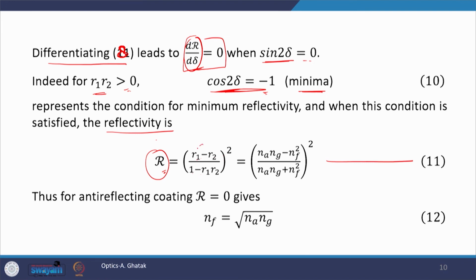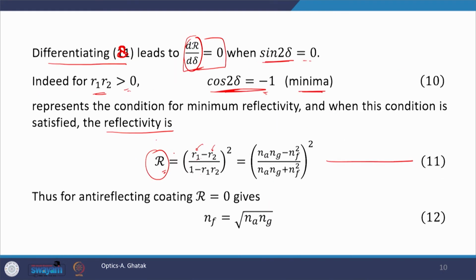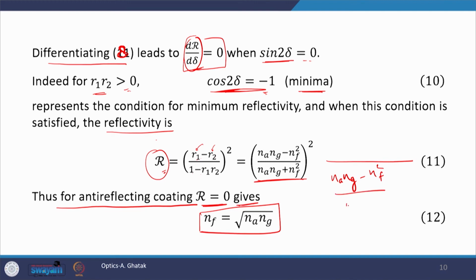Now, if you substitute the expressions of R1 and R2 back into equation number 11, then we get this expression for R. Thus, for an anti-reflecting coating, R equal to 0 gives Nf equal to square root of Na into Ng, because if you equate this to 0, this is the Na Ng plus Nf square.